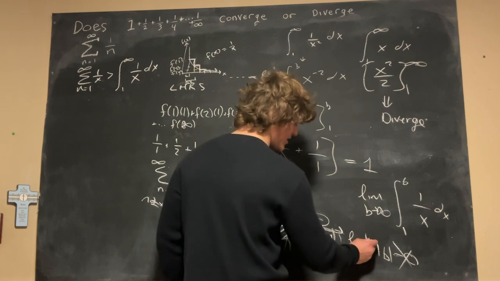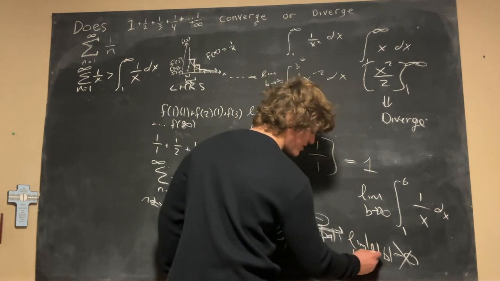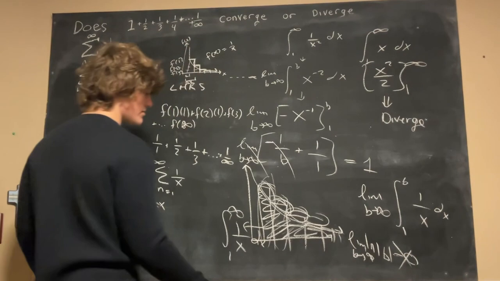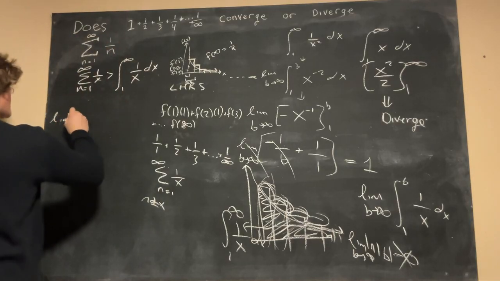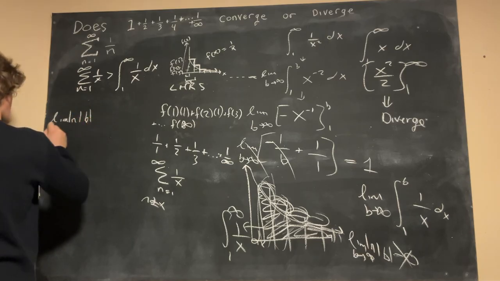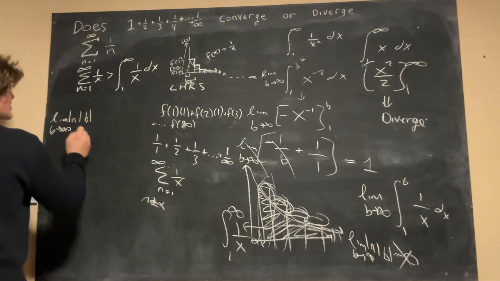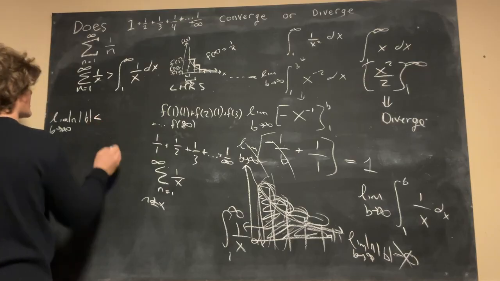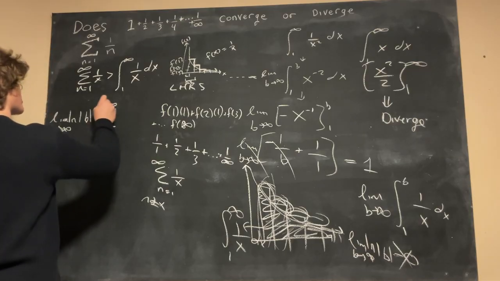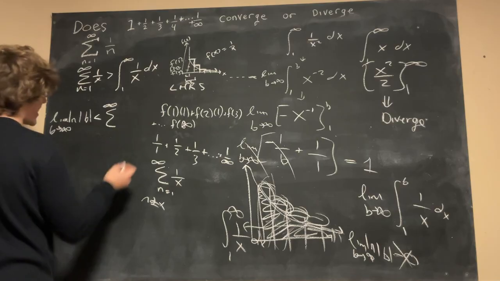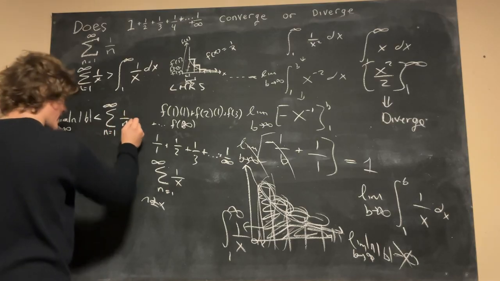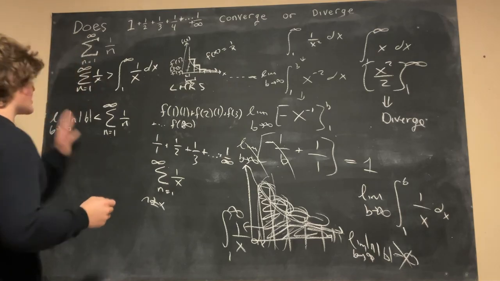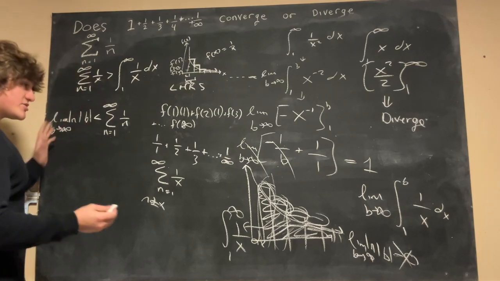So we write this right here: the limit as b approaches infinity of ln of b is going to be less than our sum that we are trying to find. I'm going to replace x with n right now. So this is the sum from n equals 1 to infinity of 1 divided by n.